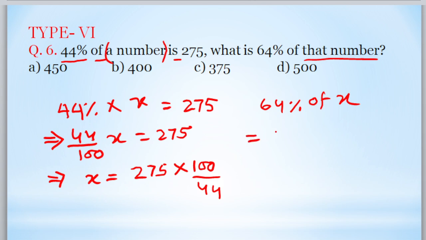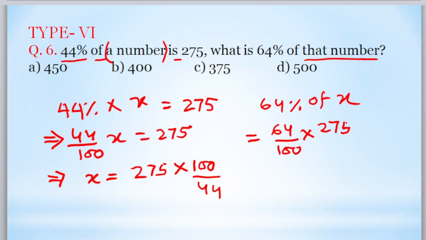So that is equal to 64 by 100 into x, because after removing this percentage symbol, this becomes 64 by 100 into x. So in place of x, here we can write 275 into 100 divided by 44. To save time, we have to calculate at last.